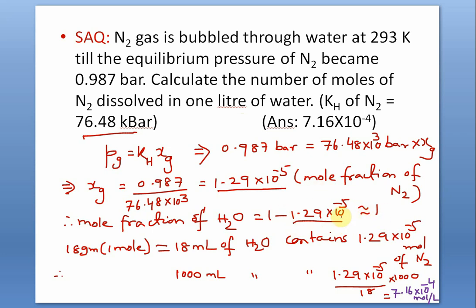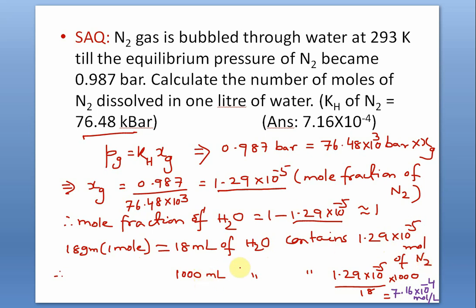It is so small in the face of 1 that we immediately say the number of moles of water is 1. So 1 mole of water means 18 gram. 18 gram means 18 milliliter, because fortunately nature has made the density of water approximately 1 gram per milliliter. So 18 milliliter of water contains these many moles of nitrogen.